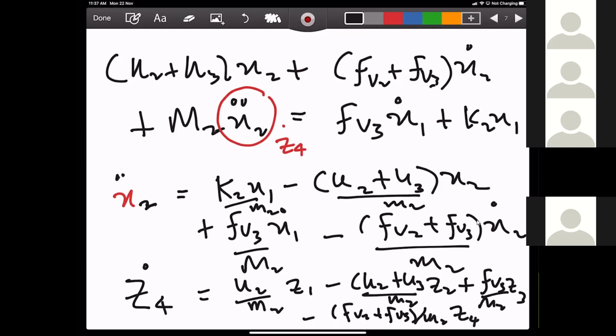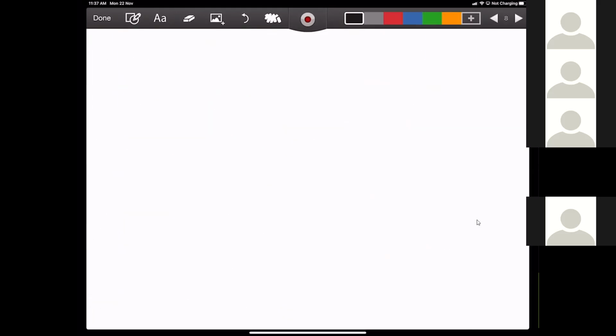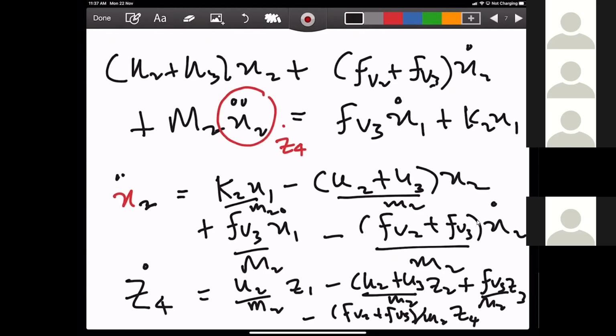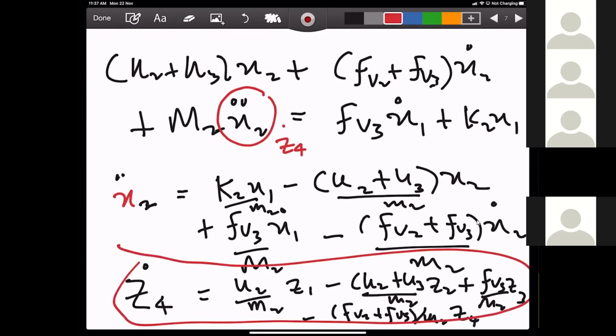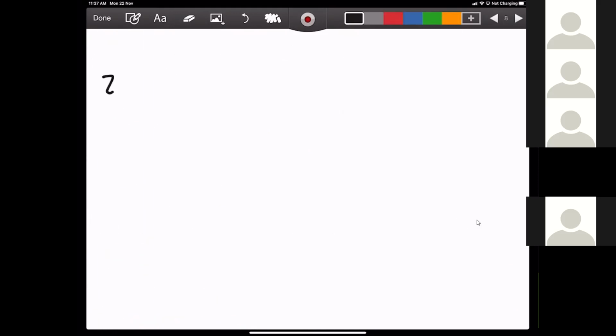Okay, so now you already derived the Z1, so this one will be the fourth state equations. Okay, so meaning that Z1 dot, Z2 dot, Z4 dot.